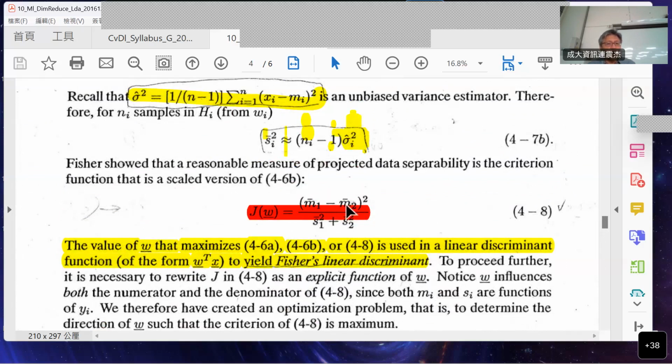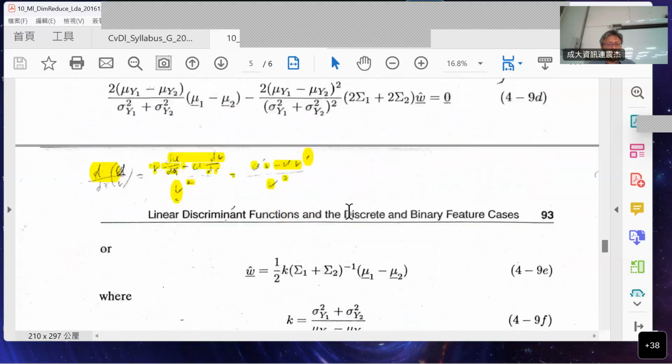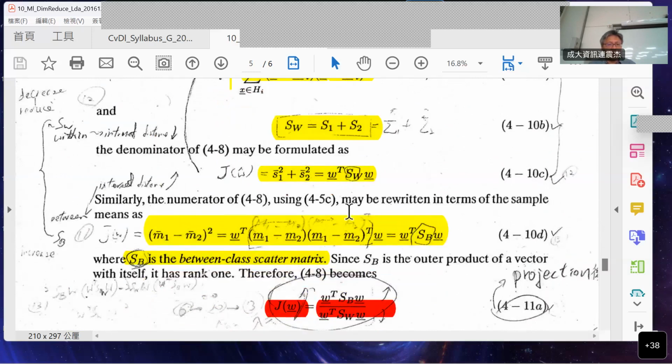And this one is also called Fisher linear discrimination, also called linear discrimination function. These two are the same. Our purpose is to find W, so we want to maximize this value. The numerator needs a large value, and the numerator M1 is the projection of M, so this one equals the high dimension M1 minus M2 projected to W, but because it's squared, so it must be squared.